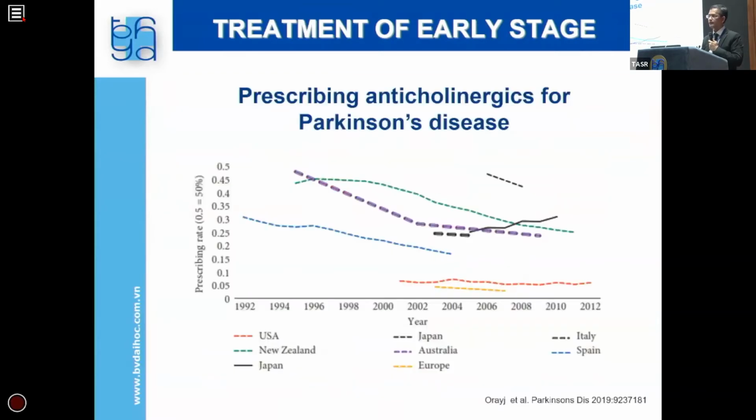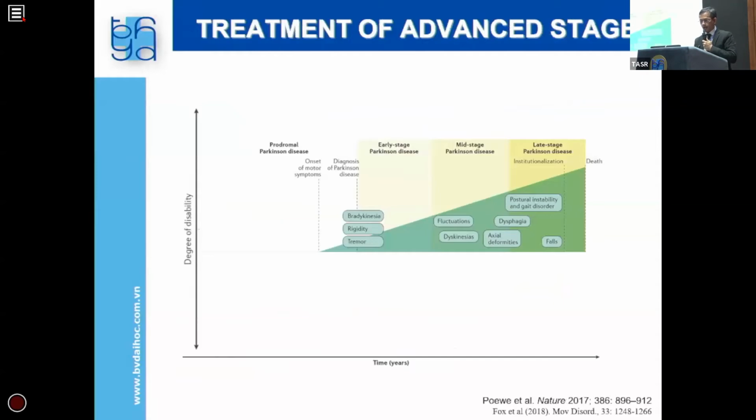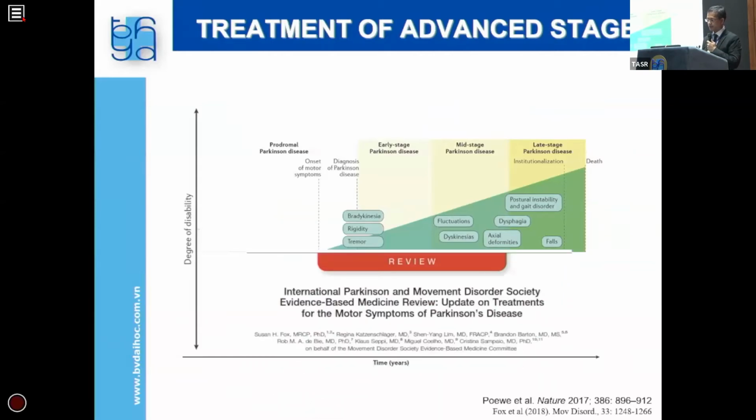And you can see anticholinergics are still used in many countries up to now. And in the advanced stage, how do we treat the patient? At the advanced stage, the motor symptoms will be more. So this is a guideline.